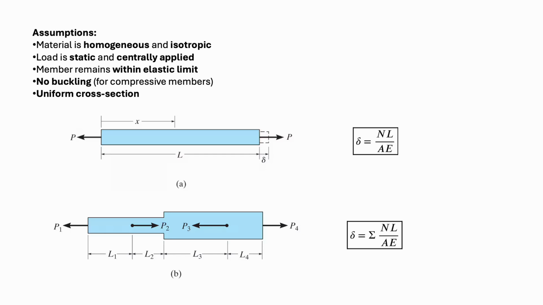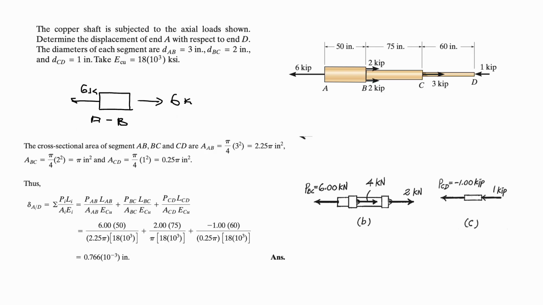Then we have to find the internal force in the middle of length L2. We have L3, L4, etc. So our delta, or delta L, will be the summation of all these forces times length over modulus of elasticity times cross-sectional area.